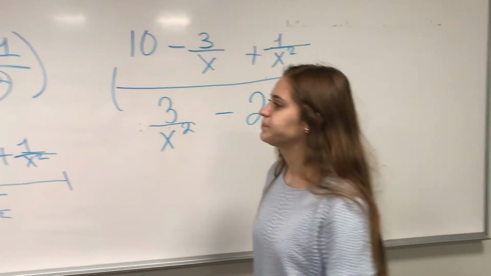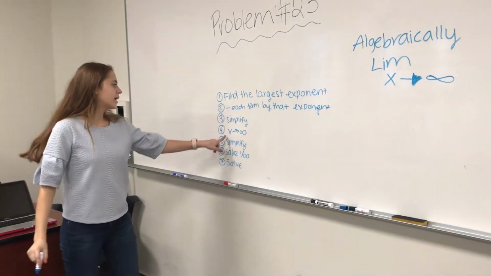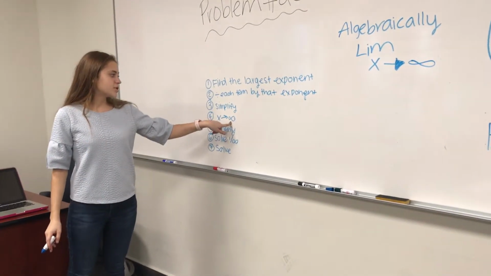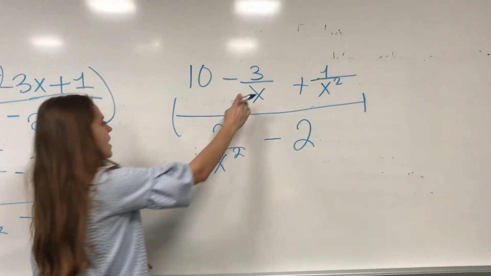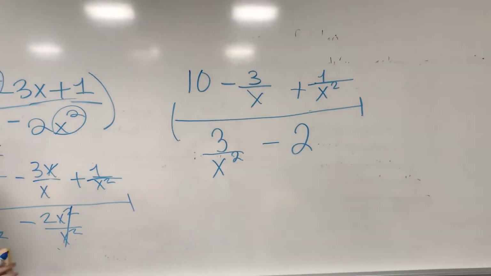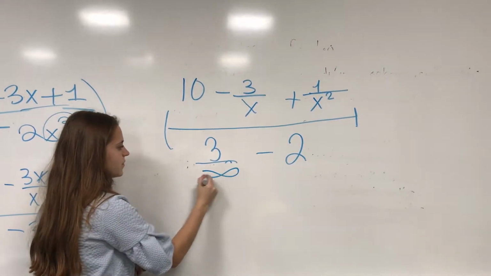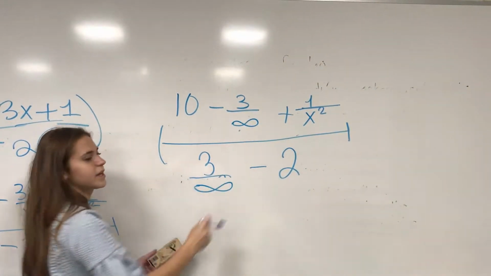And then in this step number 4, it says that the x, the variable, is gonna turn into an infinite. So these variables, which are the x's, we're gonna turn them into infinites. So infinite, this one turns into infinite, and this one too.